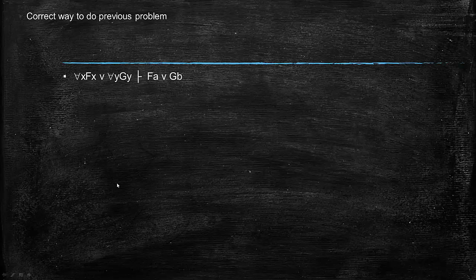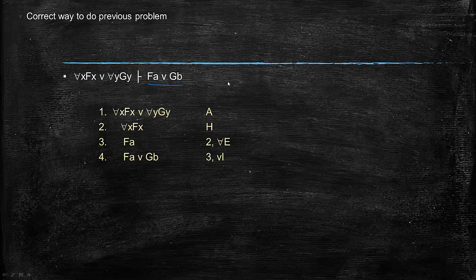How are we actually going to do this proof? Well, what we're going to do is use conditional introduction and hypothesize for all x, fx. And then from for all x, fx, we're going to derive fa or gb. And that's actually not difficult because we can get fa by universal elimination and just add in gb by OR introduction.